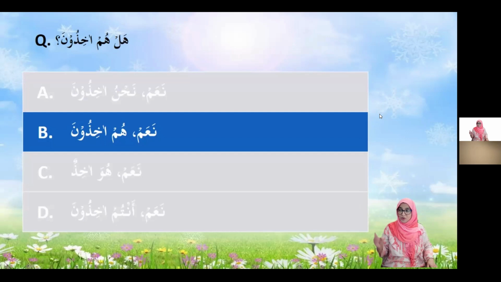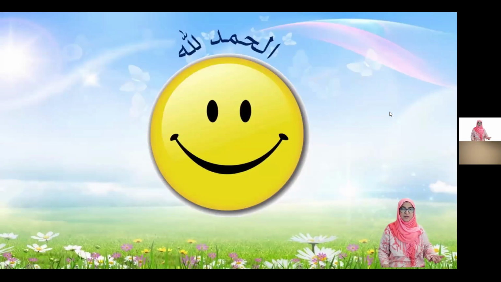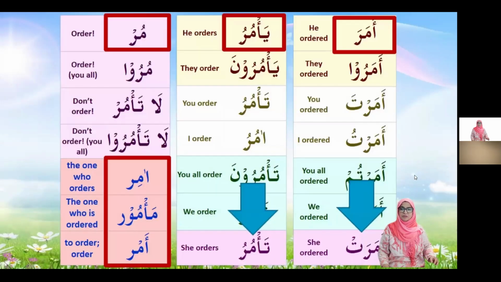Yes. So huwa, hum, anta, ana, you remember that. Antum, nahnu. Huwa, hum, anta, ana, antum, nahnu. We have already done all this in the past, and it's just being repeated. Alhamdulillah. So let's do the feminine gender.